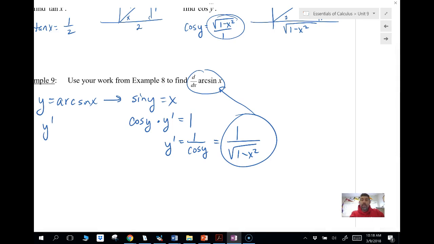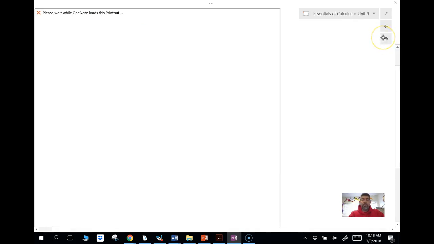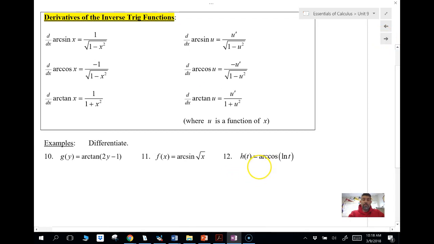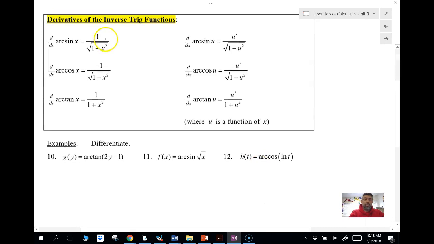So these are the derivatives of inverse trig functions. You're going to want to memorize these. Notice that arc sine is 1 over the square root of 1 minus x squared.